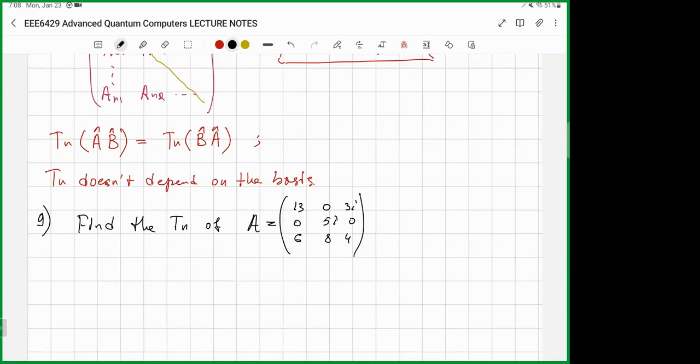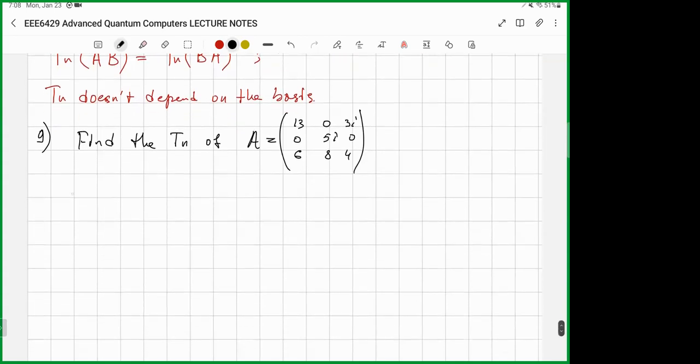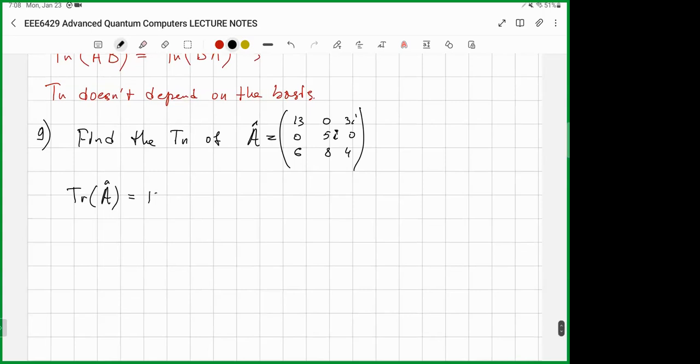This is the matrix, and the problem is to find the trace of A. This is very simple. I just sum up all the main diagonal coefficients, which are 13 plus 5i plus 4, which is equal to 17 plus 5i. That's it. So this is the trace of this matrix.